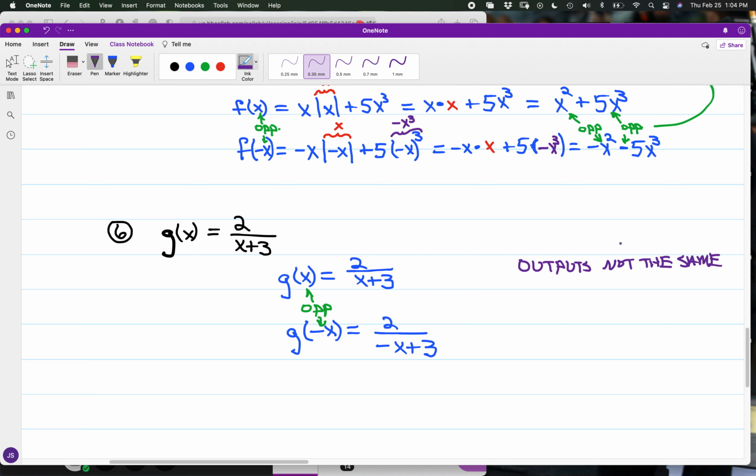Okay, and also for the outputs, you're not going to have these be additive inverses either.